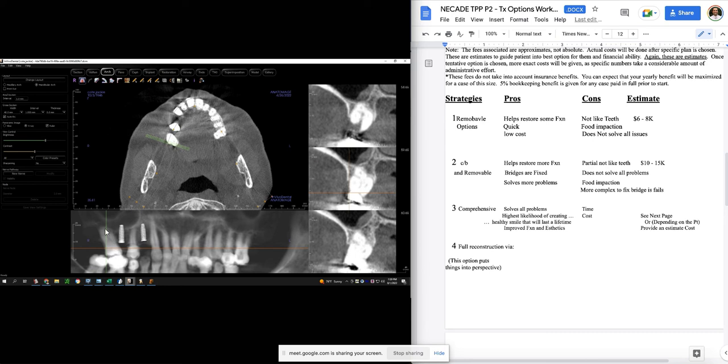The crown in relation to the apex. If we move the crown away from the apex, we're likely to create even more of a problem because it's very difficult to do what's called root torque angulation. So in other words, taking this root and moving it so that it's parallel to this root is virtually impossible for this kind of situation. A little bit easier maybe with the anterior teeth.